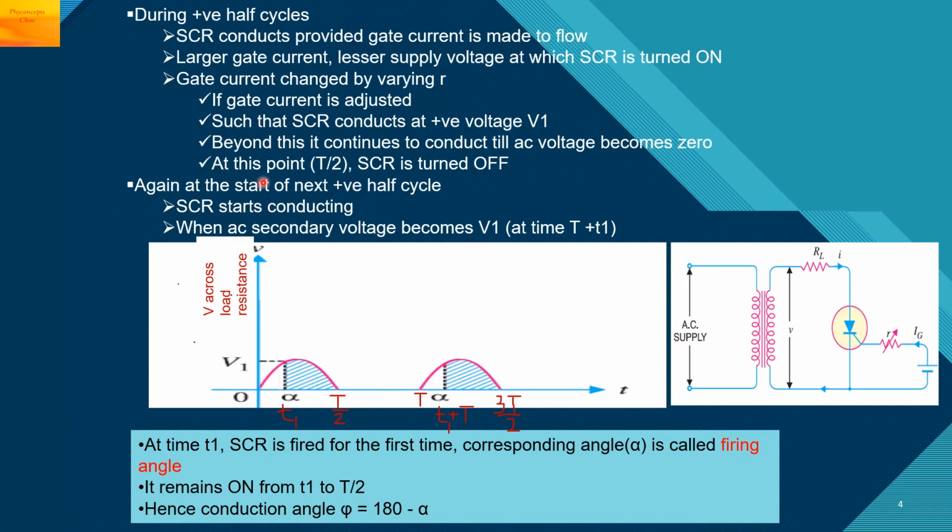At this point, which is indicated by T by 2, the SCR is turned off. Again at the start of the next positive half cycle, the SCR starts conducting when the AC secondary voltage becomes V1 at time T plus T1.